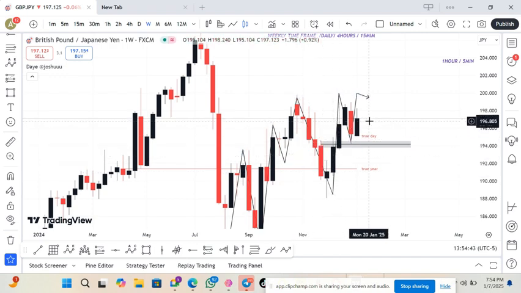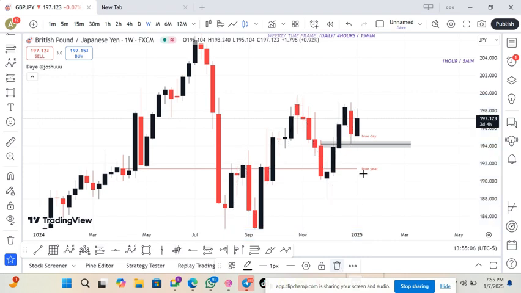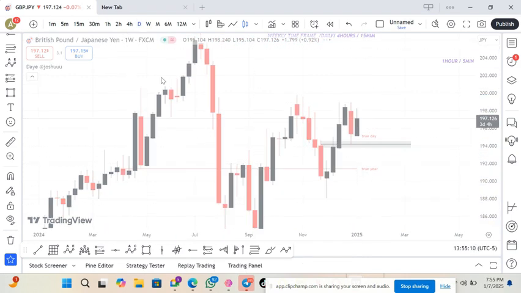This is serving as our weekly candle retest into this area, and you can see this week I already started buying back to the upside. So now weekly is bullish, then we'll move to daily.